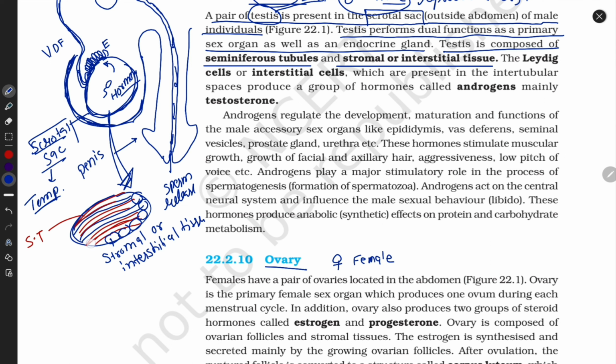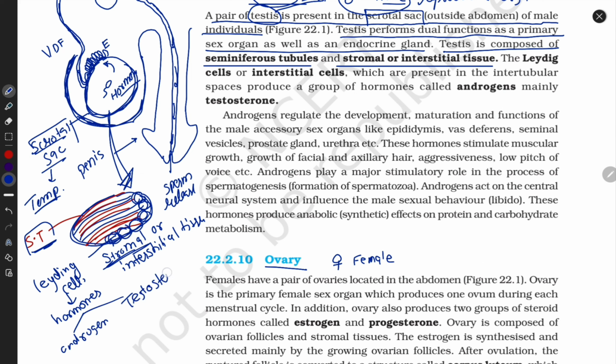The interstitial cells we call Leydig cells. They produce hormones. The names of the hormones are androgen and testosterone. This is the male hormone, the excited hormone, the aggressive hormone.